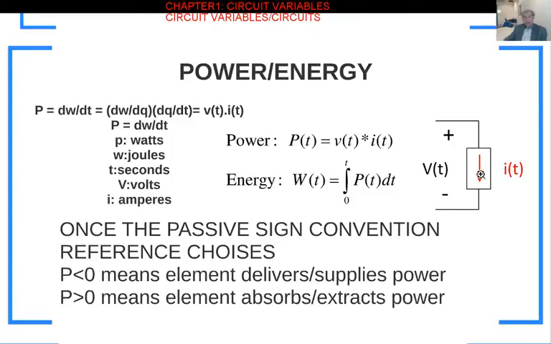Now when we are talking about elements, some of them consume or absorb power. Some others deliver power. For example, at home, all the electrical equipment, refrigerator, TV, washing machine, whatever it is, they all absorb power.